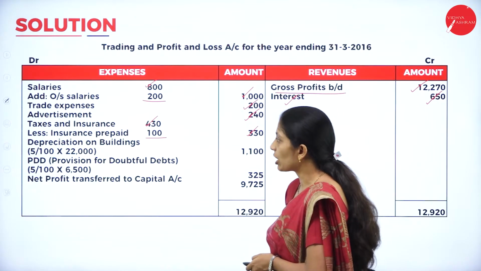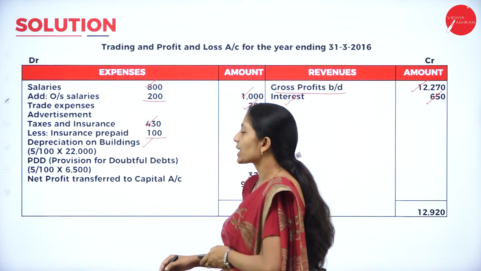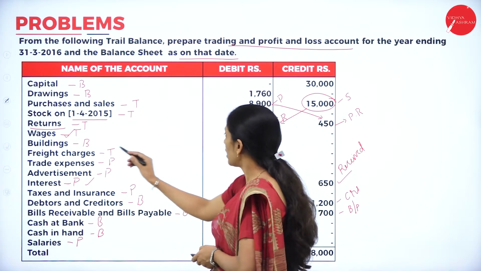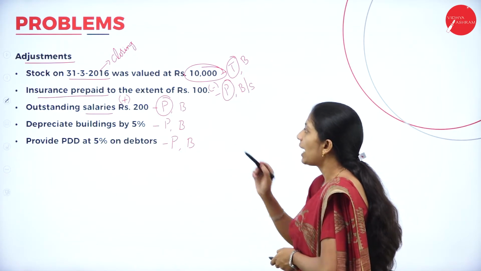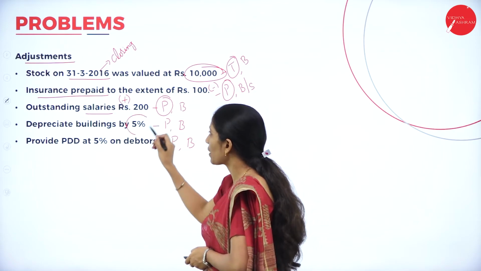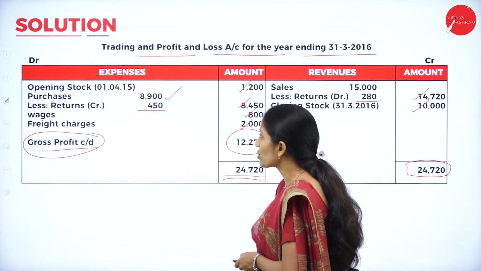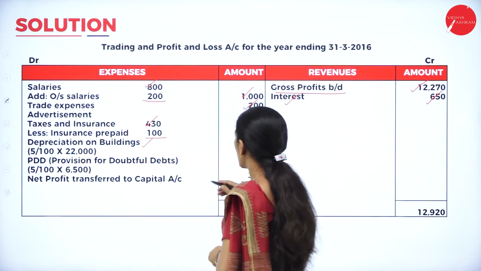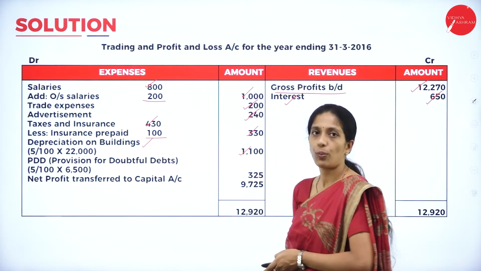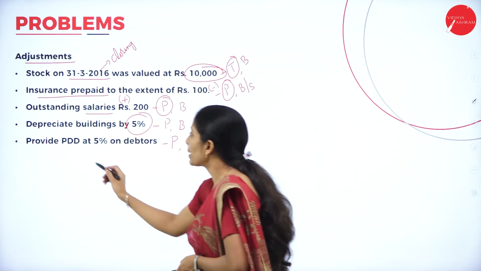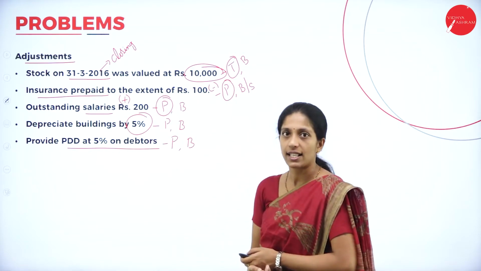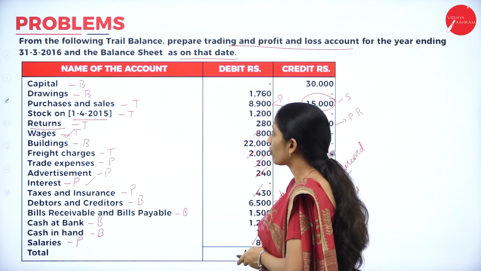To depreciation on building. So what is the value of building? So here building value is 22,000 and what is the percentage? That is 5%. So 22,000 into 5%. So we'll get how much? 1,100. Next one, provide PDD at 5% on debtors they have given. So what is the value of debtors?